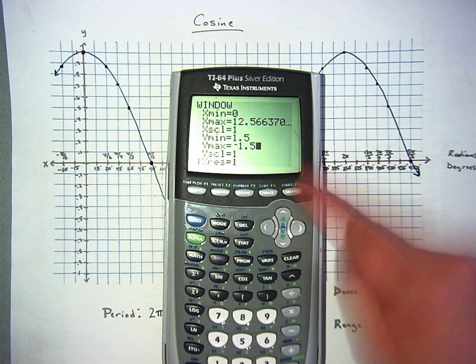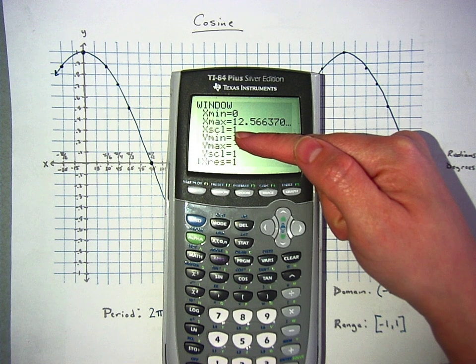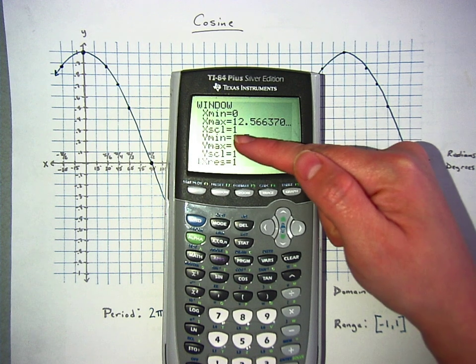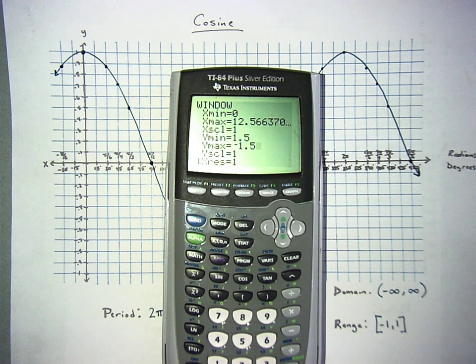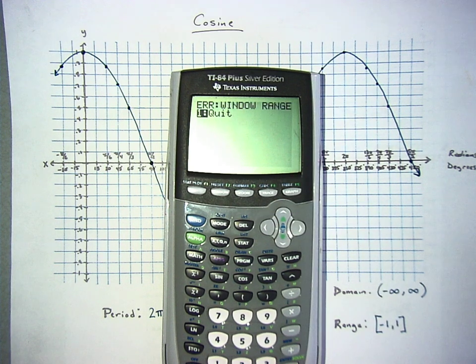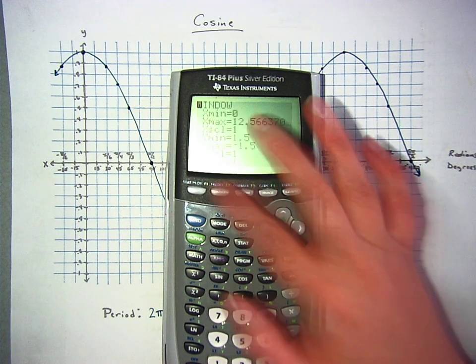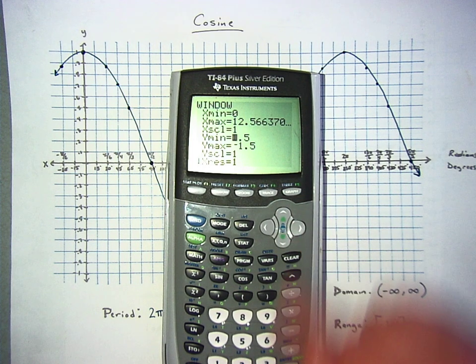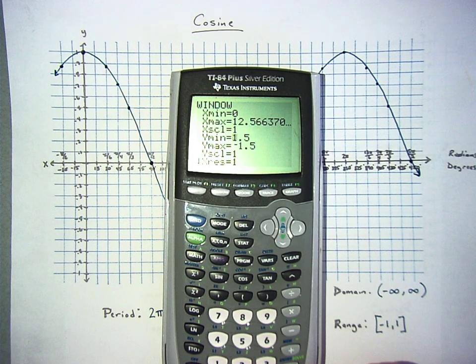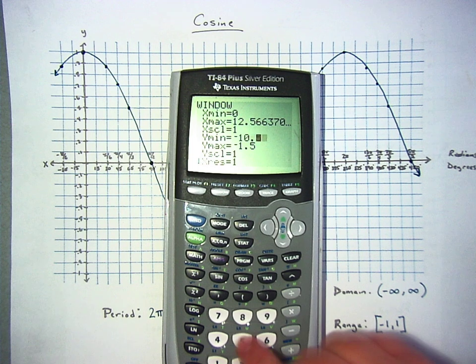And then hit graph. Oh, by the way, do you know what XSCL is? Scale. Yeah, so that means that there's a tally mark every 1. And then hit graph. Oops, what did I get wrong? Oh, I did my minimum and maximum backwards, so if you're copying me, you might have done it wrong. Negative 1.5 comes first.